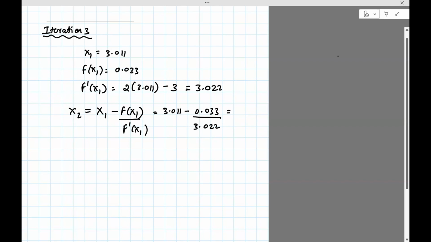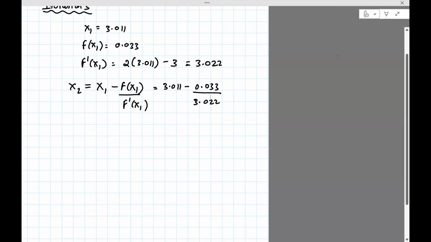Okay, it comes out to be 3.00008. Wow, it's so close to 3.